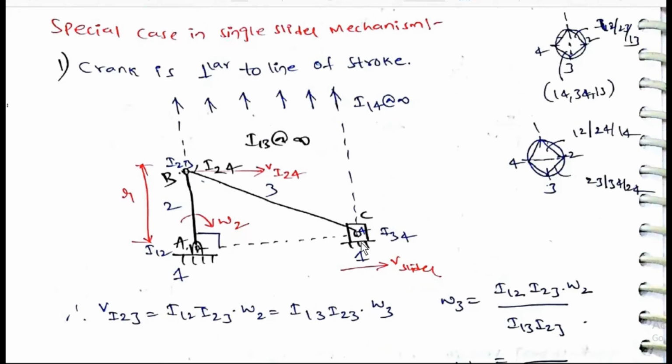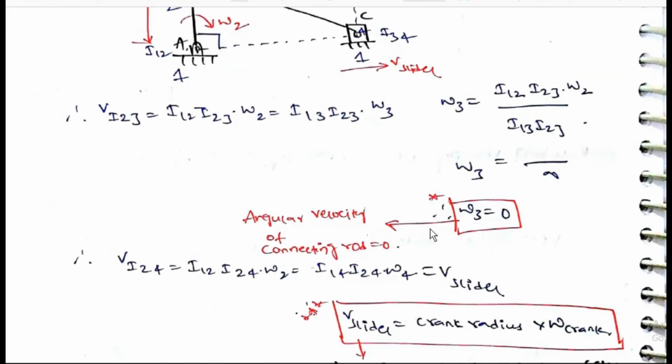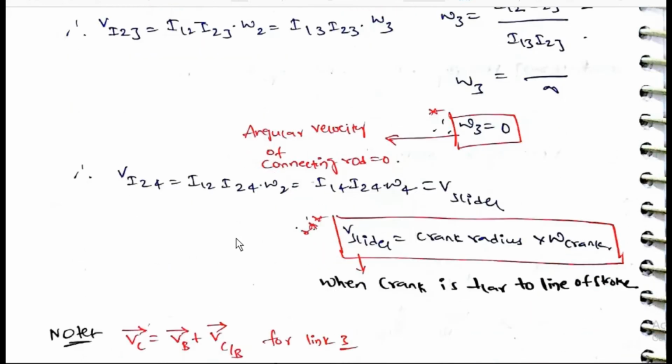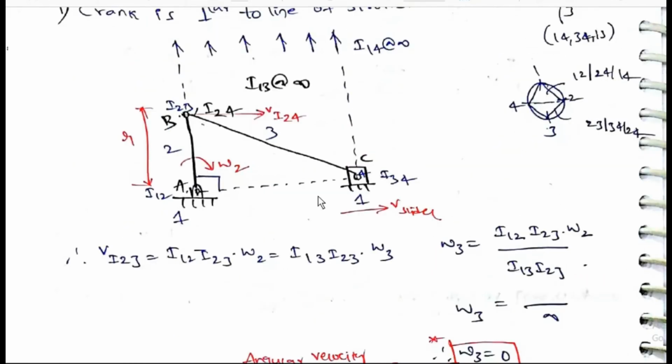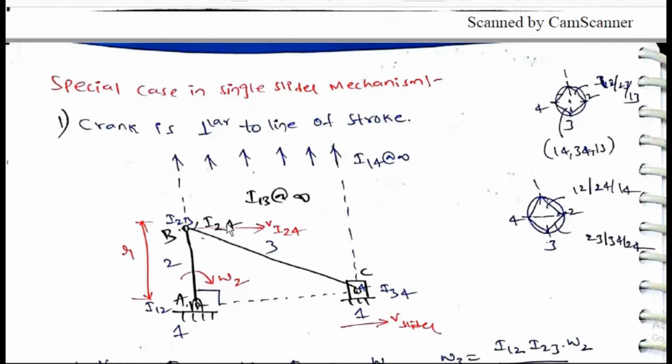But obviously this point is moving in a straight line. Angular velocity of connecting rod is equal to 0. I24 is equal to I12. I24 omega 2 is equal to I14 I24 omega 4, which is equal to V slider. Again here also you can directly use the concept that along the rod, velocity components should be equal.